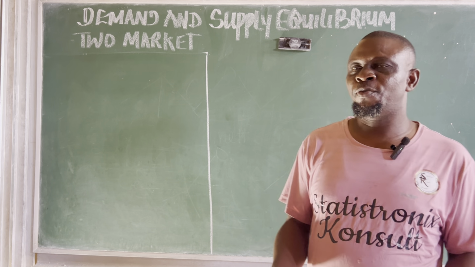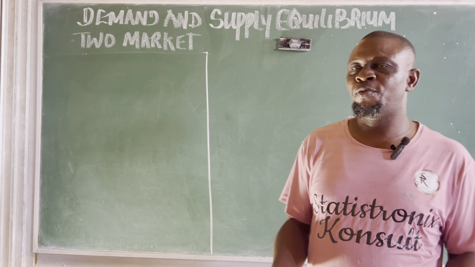This is market 1, and this is market 2. Note that this is quantity demanded. So we are given that quantity demanded is equal to 85 plus 13 PB, PB is price of beef, minus PP, which is price of pork. We are considering two markets, the beef market and also the pork market.